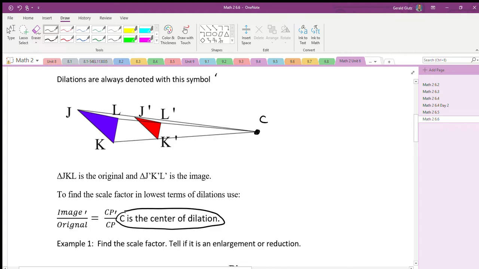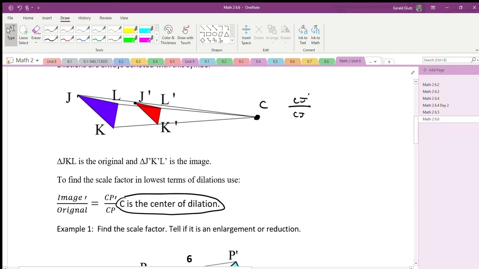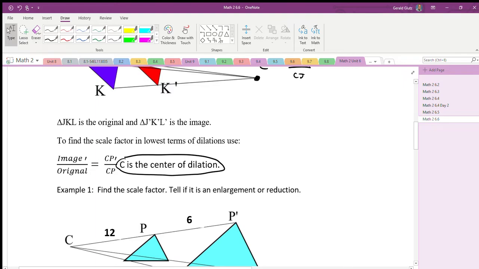So I do the distance from C to J prime, divided by the distance from C to the original J, and that will give you the scale factor. This should be smaller than 1 because it got smaller. If it's getting bigger, the scale factor will be bigger than 1.